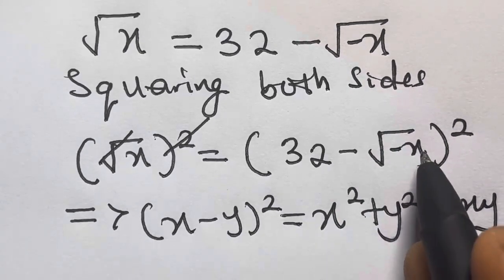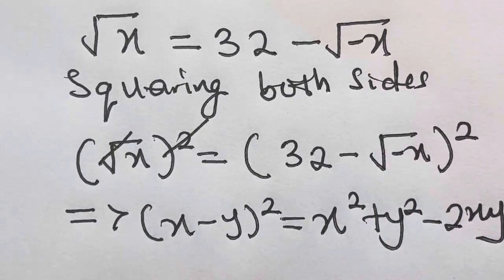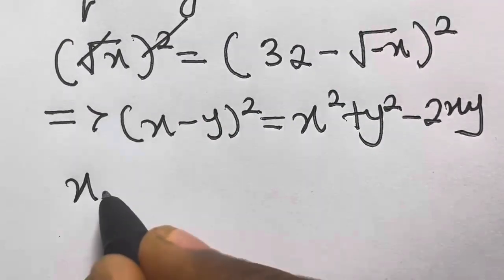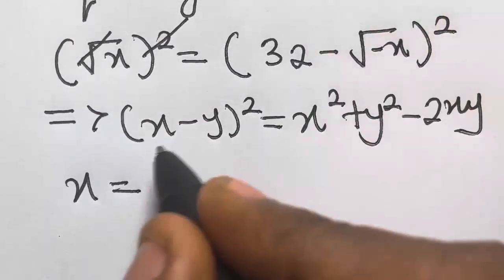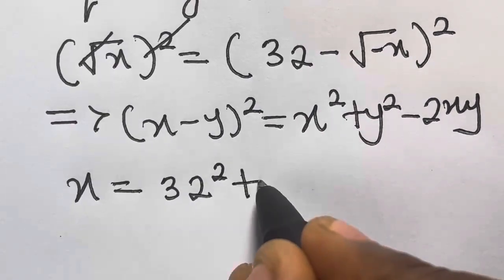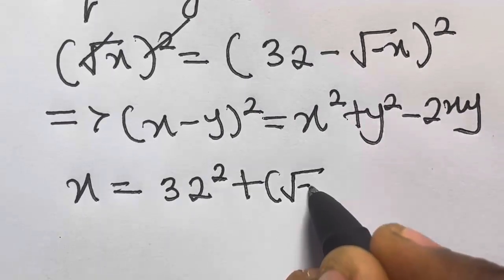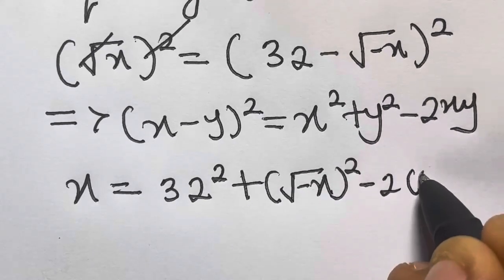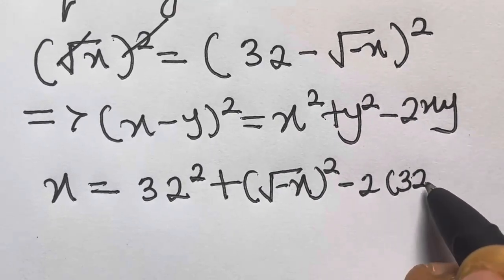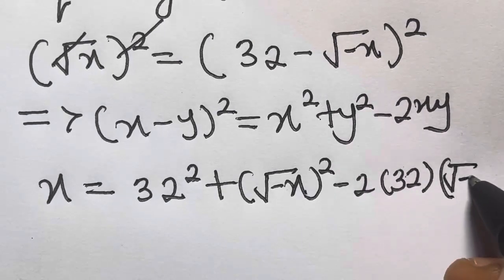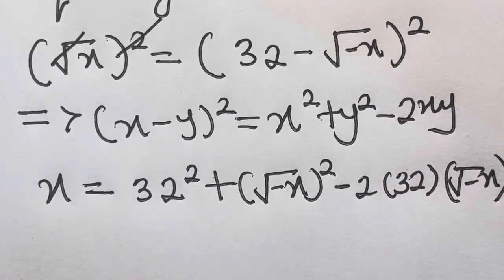So applying this to this, we will have x equals 32 squared plus square root of minus x squared, minus 2 times 32, then times square root of minus x, right?